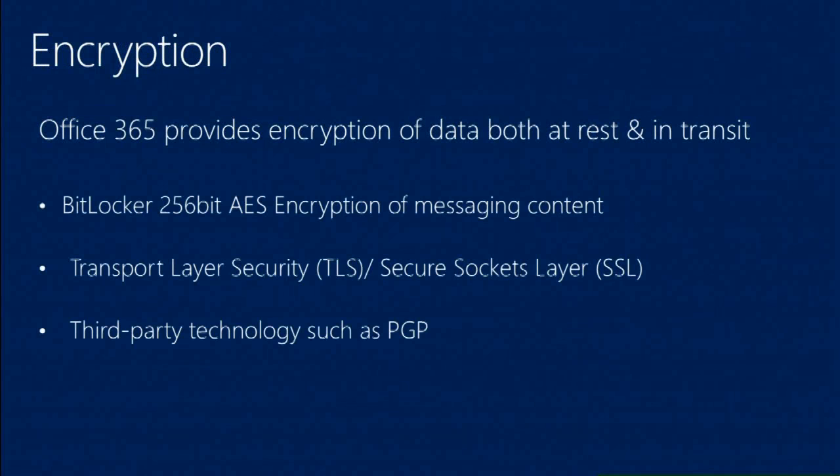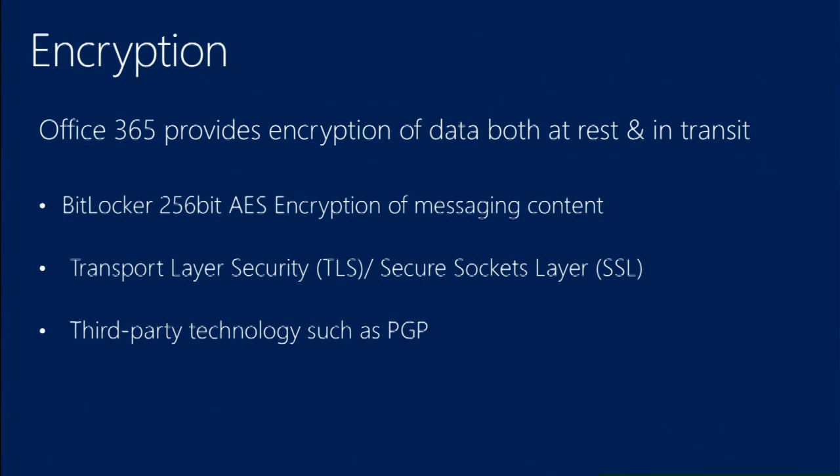Encryption. So I mentioned this just briefly on the other side for the network encryption, but also want to mention the fact that on the physical hard drives for all of the email storage, any mailboxes, etc., we have complete BitLocker 256 encryption, and we also are compliant with third-party PGP encryption. And we'll also talk a little bit more about what other types of encryption you can do with Office 365 using things like the Windows Azure Rights Management Service.